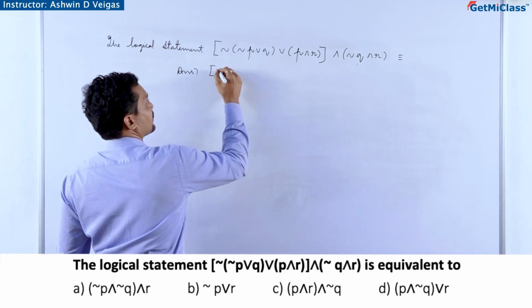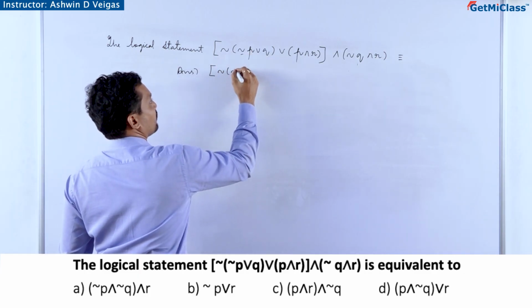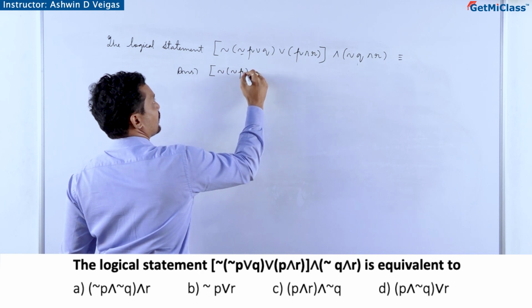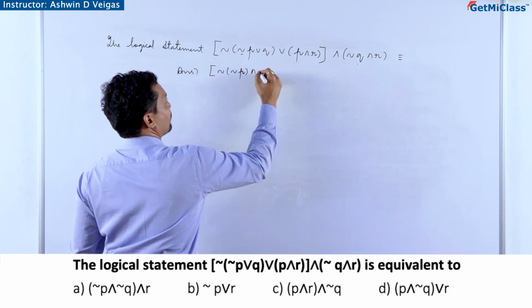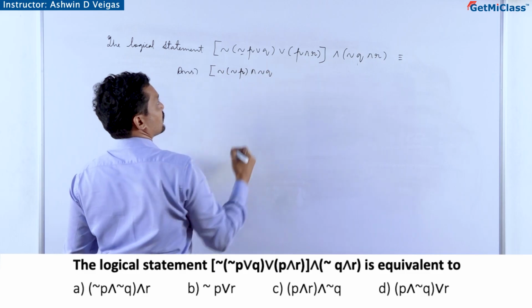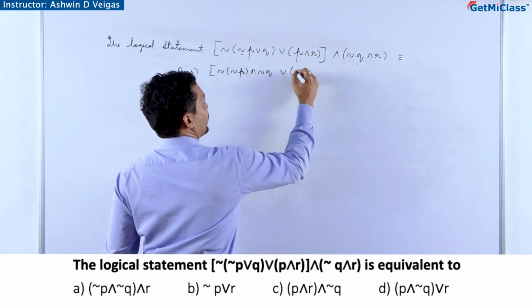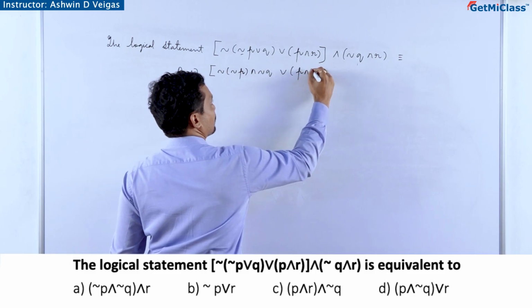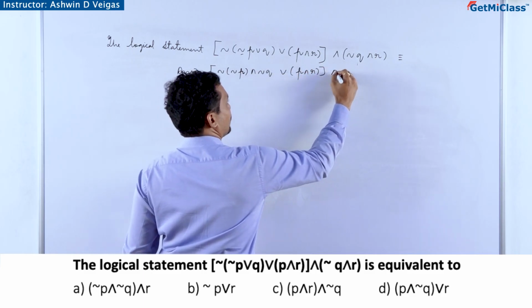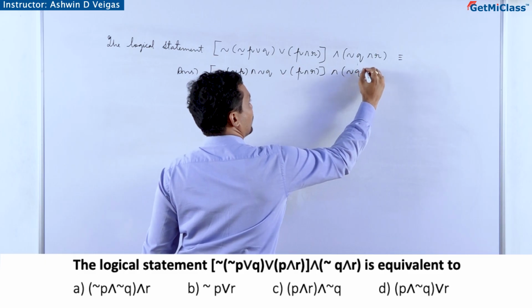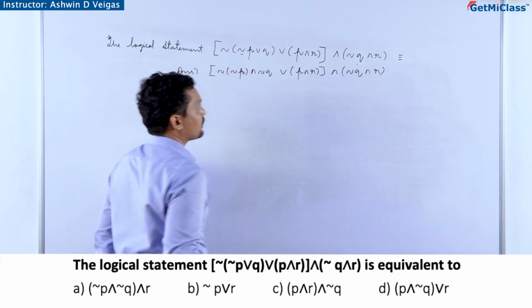Therefore, this is negation of P and negation of Q by De Morgan's law. So, this will be like this, or P and R and negation of Q and R. You get it like this.